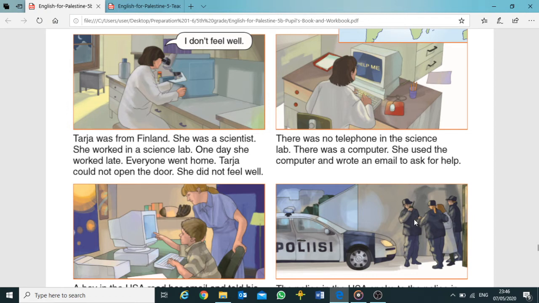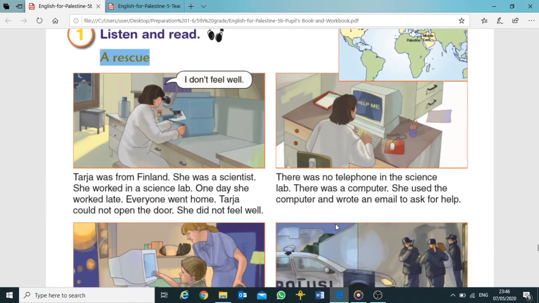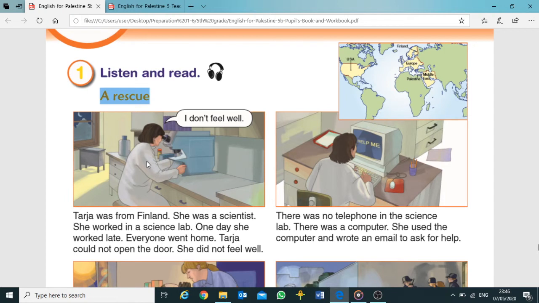Maybe they helped her, يمكن ساعدوها لأن كانت طالبة مساعدة في الصورة الثانية. ما بنعرف شو صار معها بالضبط, so we need to listen and know what happened with this scientist and what's her name, شو اسمها. So بدي منكم تسمعوا كتير منيح, what happened with her, شو صار معها, who helped her. Okay? So let's listen. Let's start 1, 2, 3.